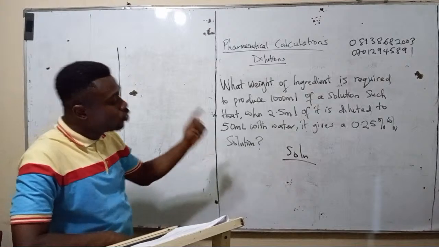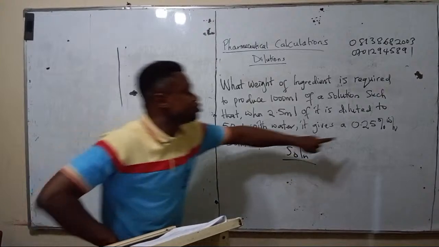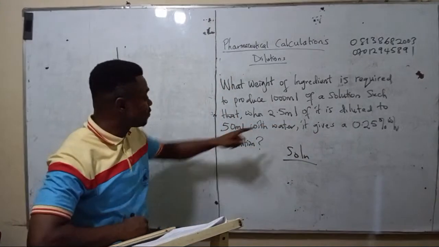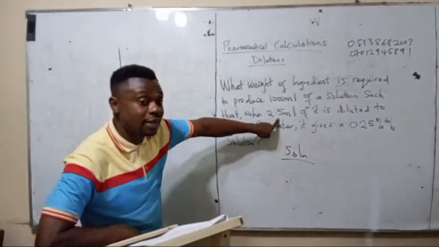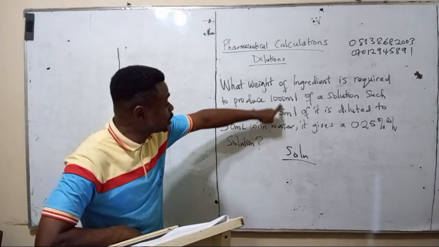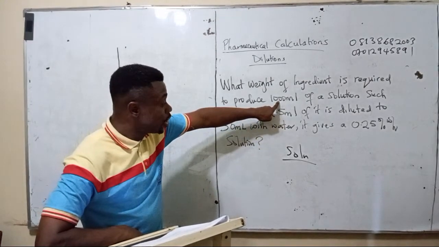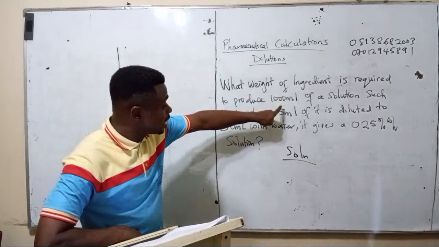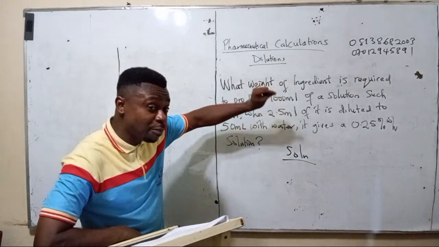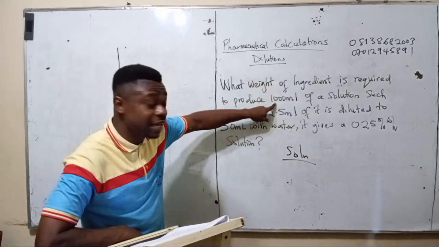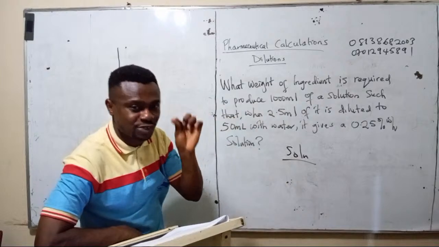by noting that we already have V2 here and C2 here, and we already have V1. We don't know C1. Please don't allow this volume here to confuse you with this volume here. Let me explain. A stock solution was produced. A specific amount of the ingredient was dissolved to make a stock solution of 1,000 ml that will have a particular concentration.